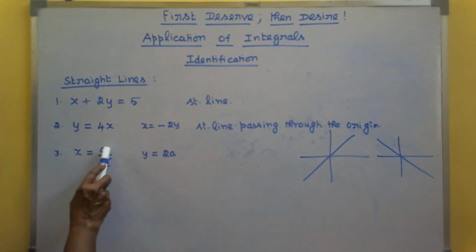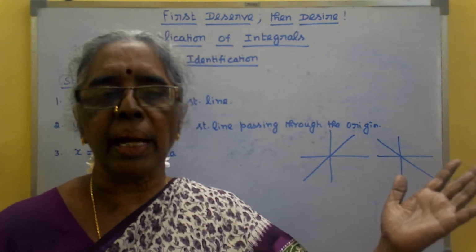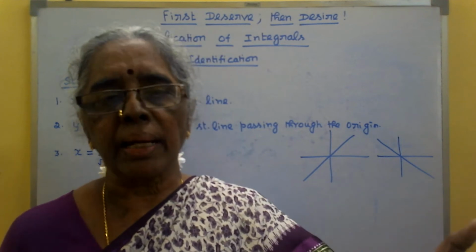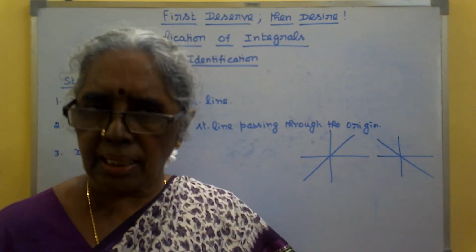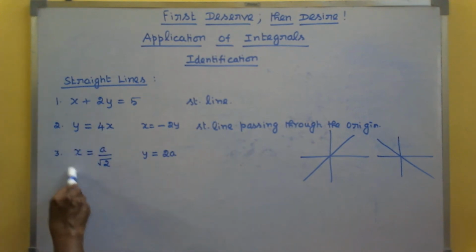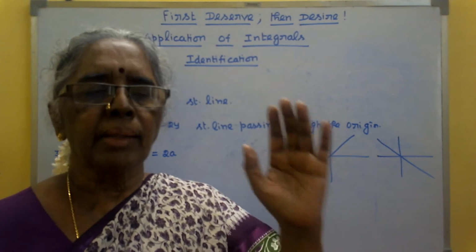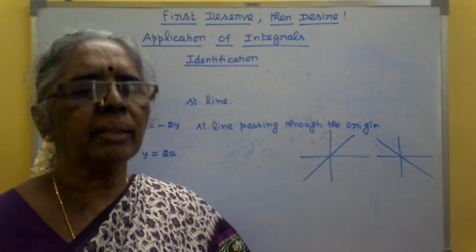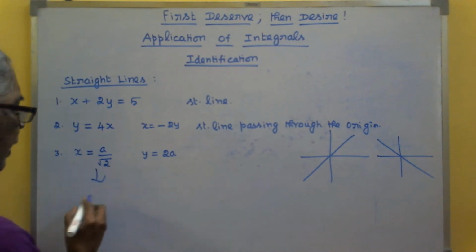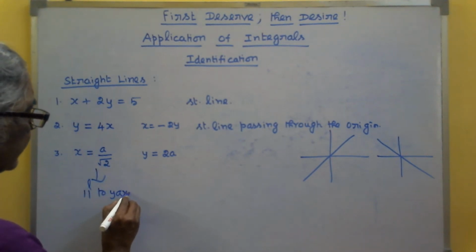Okay. Now, let us come to this one. You have x = a/√2. y = 2a. Here, you have either x or y and then a constant on the other side. The a is a constant, right? So here, if you have x equal to some constant, that represents a straight line parallel to the y-axis. Okay? So this one refers to a straight line parallel to the y-axis.